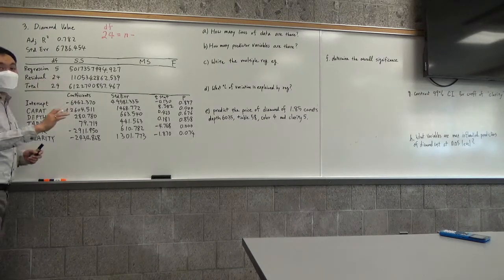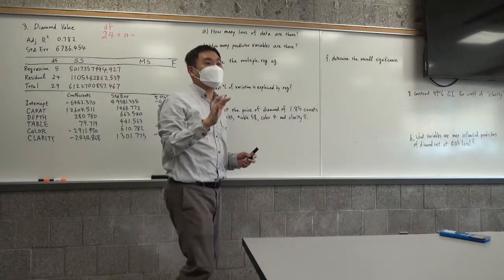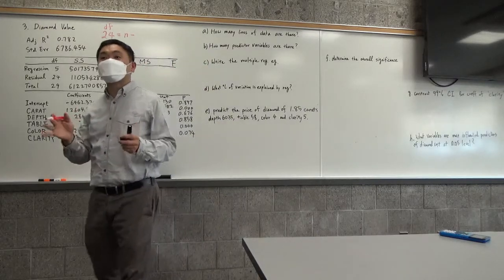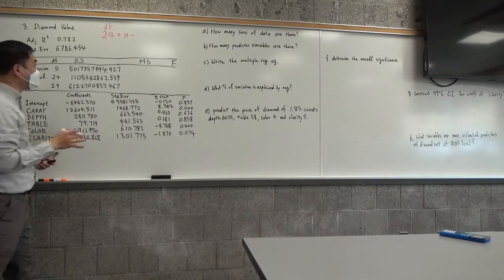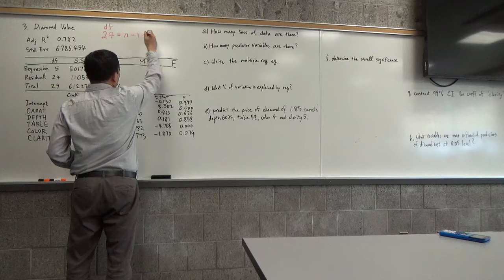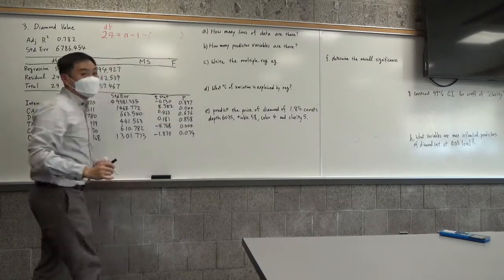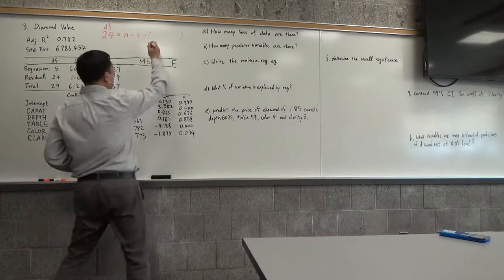You've learned it as n minus 2 because we are learning it in the context of simple regression. But here it's multiple regression, so it's not just n minus 2. It's really n minus 1 minus the number of predictor variables.